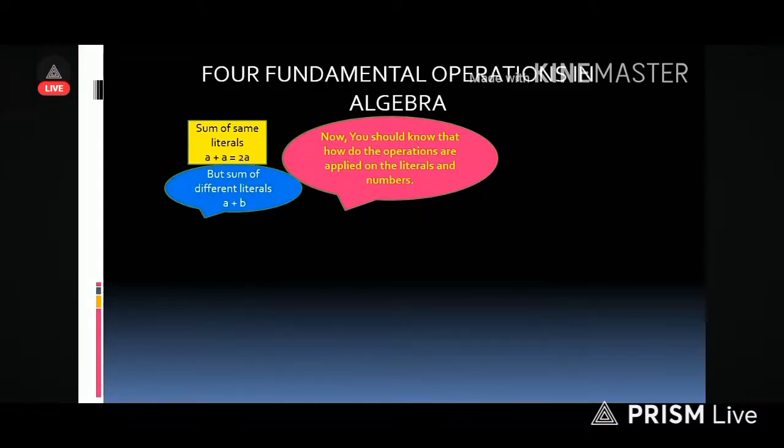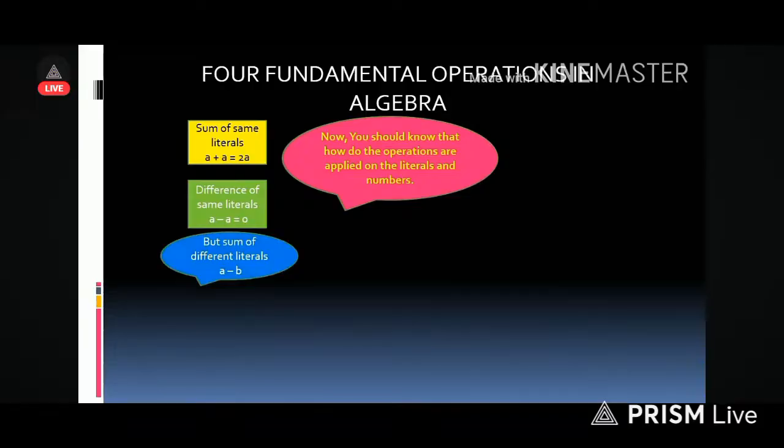These will not be solved, we will just write a plus b. Now difference of same literals, a minus a equal to 0. You know, when we subtract the same quantity from the same, the answer will be 0. So a minus a is equal to 0. But difference of different literals is a minus b.